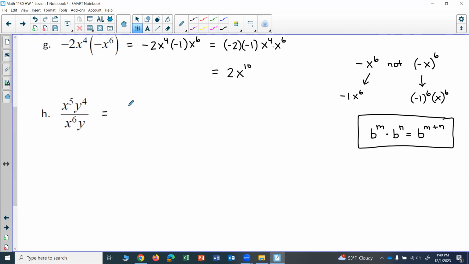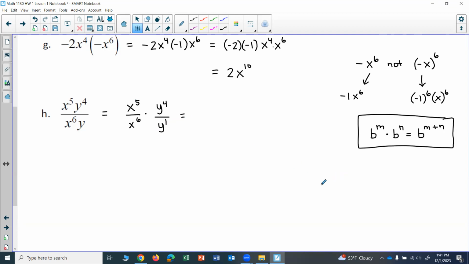So what I'll do is I'll first consider the x to the 5th over x to the 6th. So those have the same base. And then I'll also do the y to the 4th over y. Now, when you just have a single variable and there's no exponent written, it's an implied 1 in the exponent.